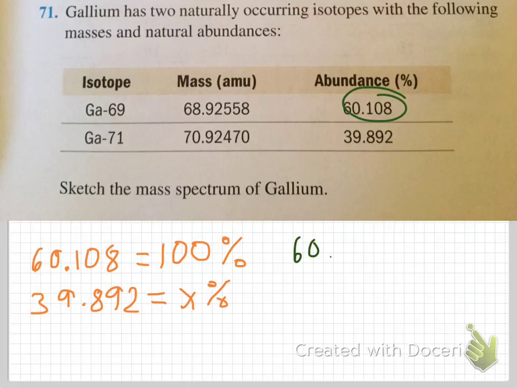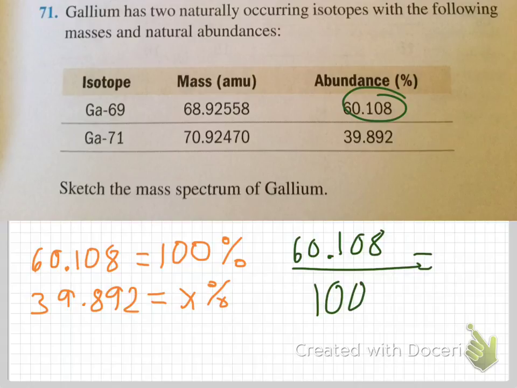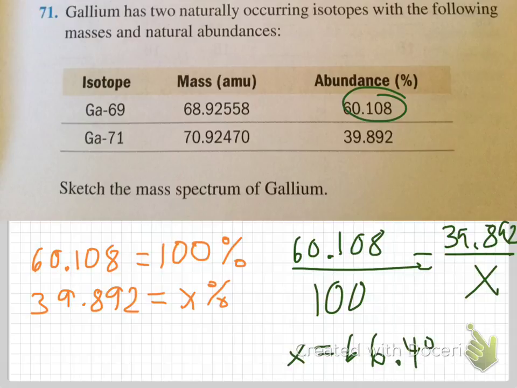If 60.108 is representing 100%, then the same ratio has to apply to 39.892 over x. So when we solve this, hopefully you get that x equals 66.4%.